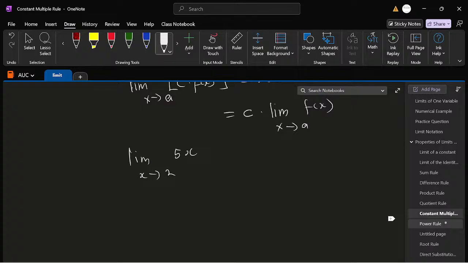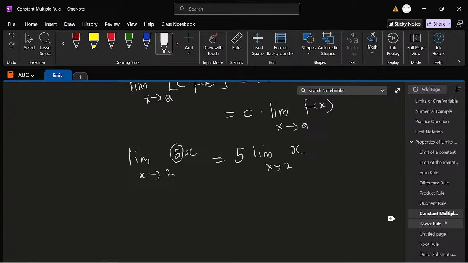If you want to do this, you can actually take out the constant here, so it will be 5 into the limit as x approaches 2 of x.